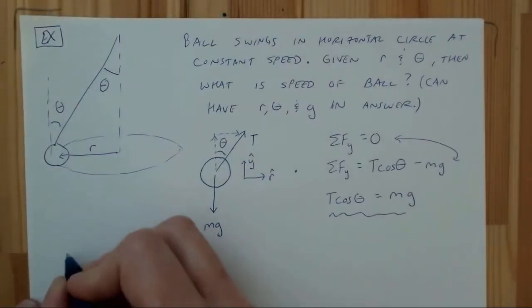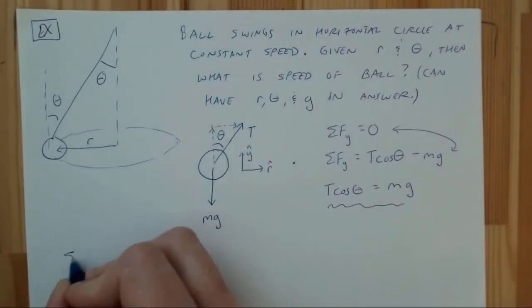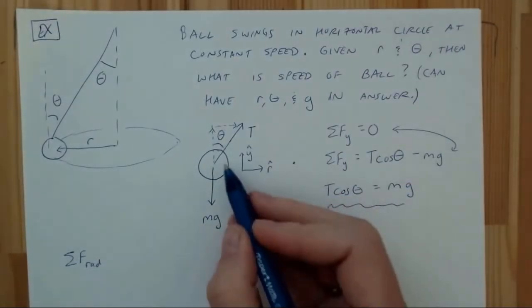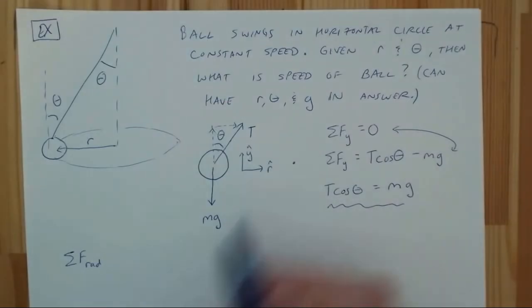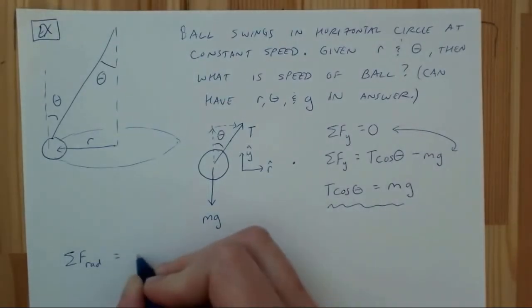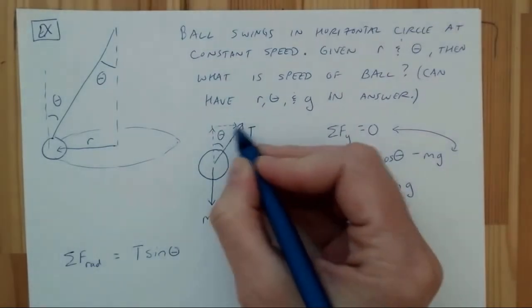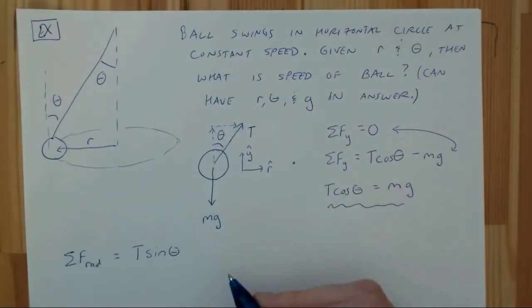Okay, so in the radial direction, we can write the sum of the forces in the radial direction. Well, we only have one force there, and it's going to be the horizontal component, this radial component of the tension. So the radial component of the tension is going to be equal to T times the sine of theta because it's again opposite of this angle theta.